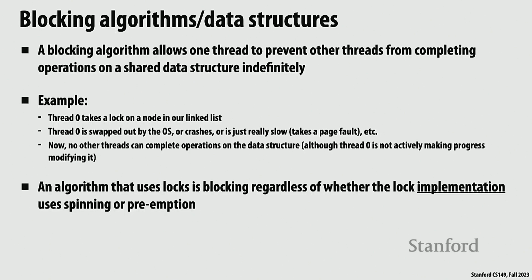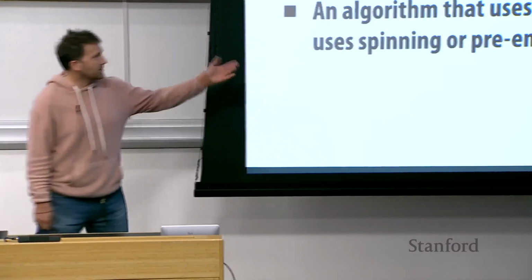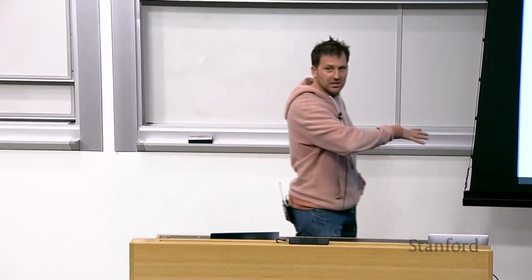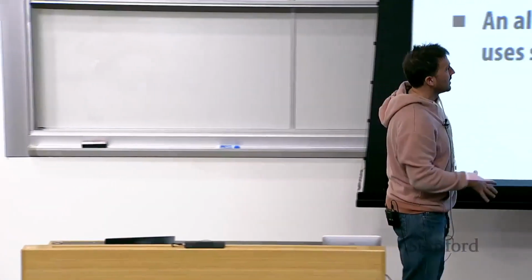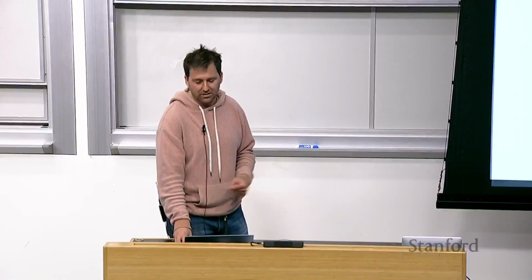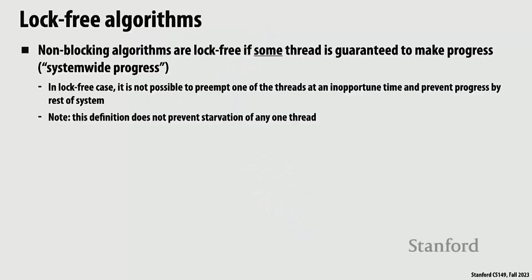Because just because you have the lock, if you are not doing anything, somebody else should be able to come in and do their thing, right? And so that's the difference between blocking and non-blocking. Everything that I've shown you in this lecture so far, except for the atomic CAS stuff, has been blocking, meaning that if you can't get the lock, you just stop. And now everything I'm going to talk about is you just run forward and hope for the best, right? And that's what lock-free algorithms are called.